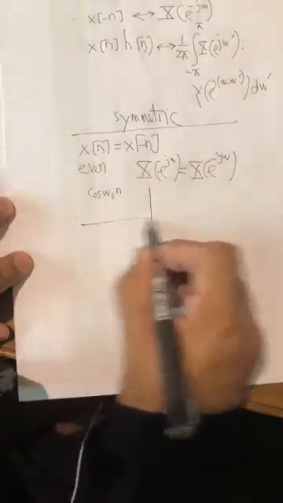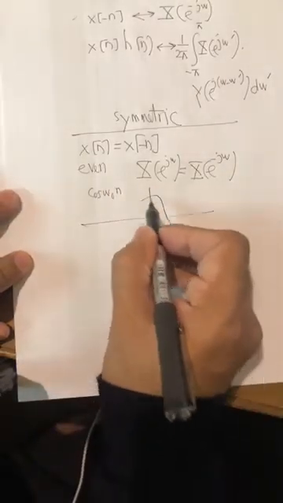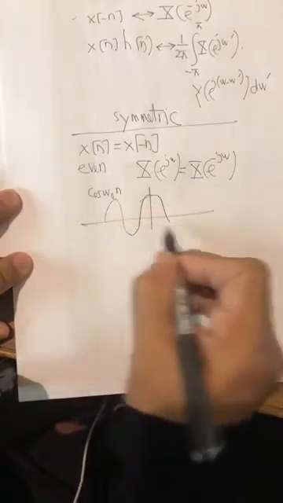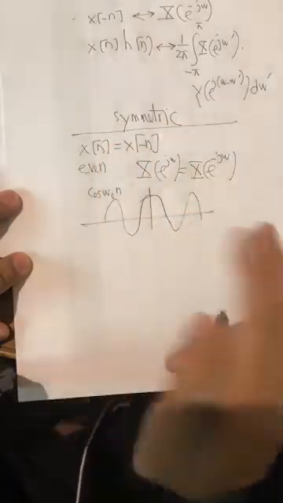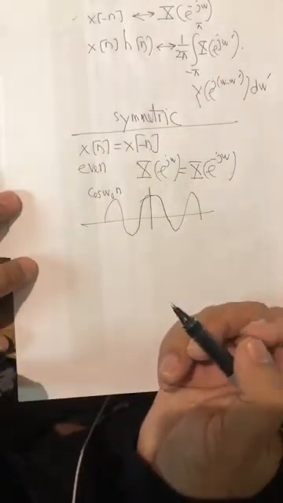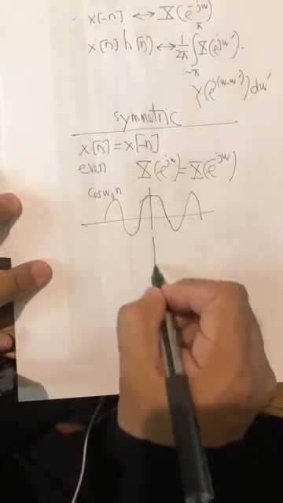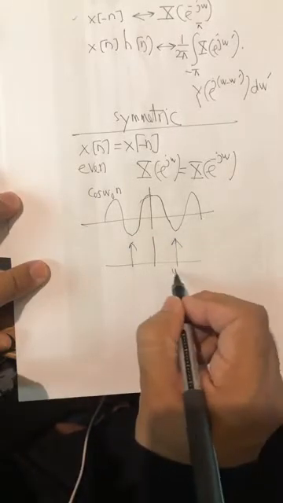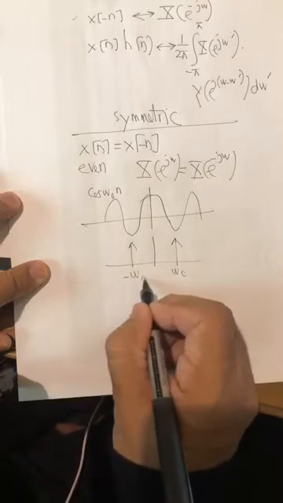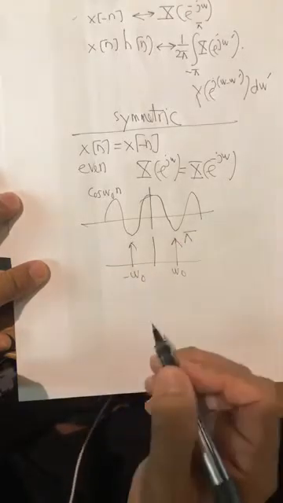Example of an even signal is a cosine. We know cosine is an even signal, so if you flip it, it will remain cosine. And we know its Fourier transform is this.